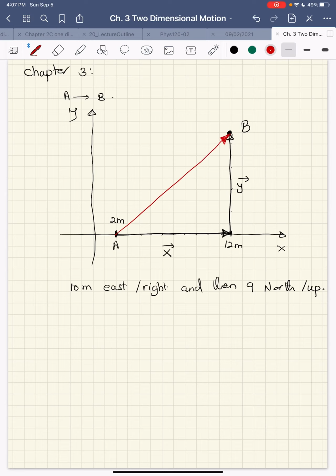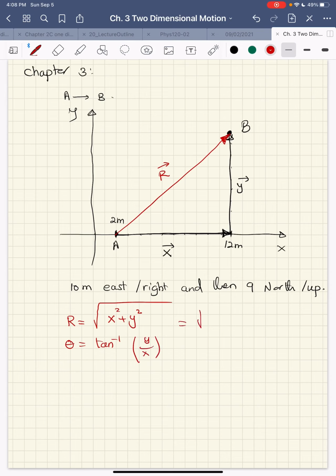Okay, we call it R. If I wish to calculate it, R is going to be the square root of x squared plus y squared. And this is Pythagorean because remember, c squared equals a squared plus b squared. I can also find the angle here by tan inverse of y divided by x.